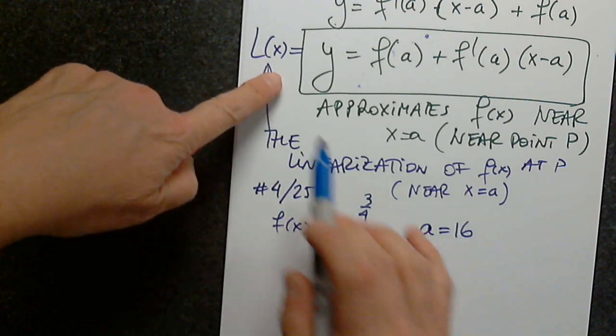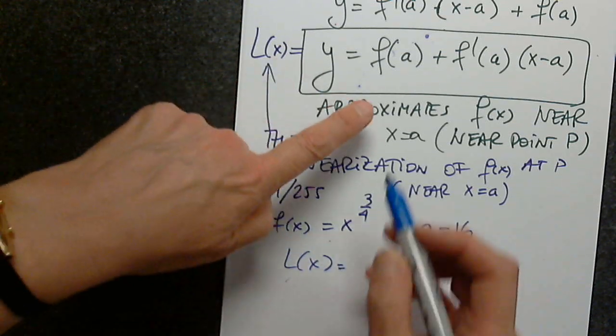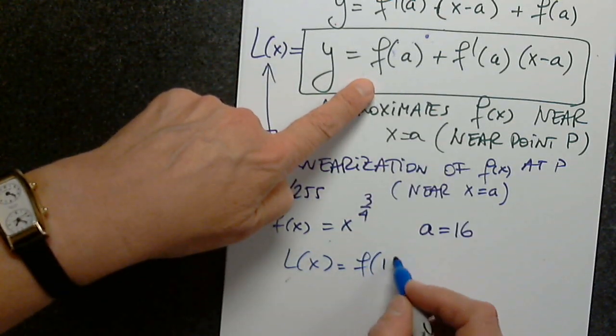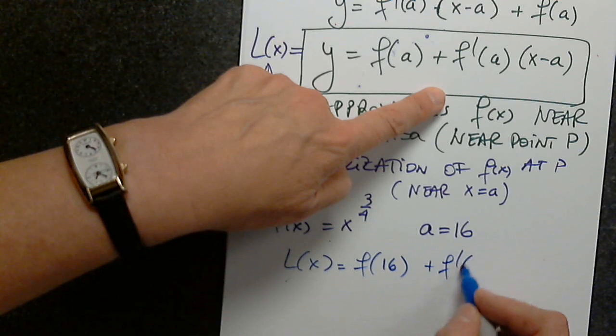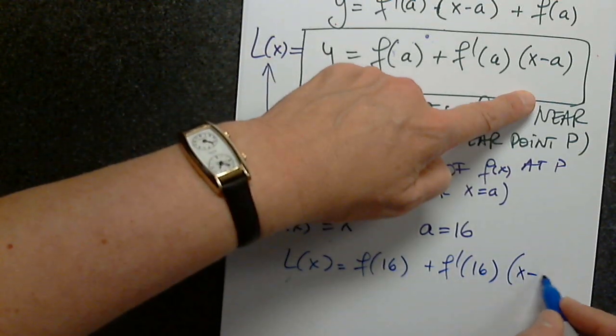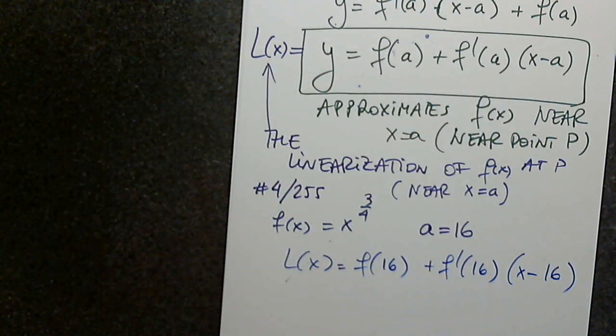All I have to do is write L of x equals f of 16 plus f prime of 16 times x minus 16. That will give us the equation of the tangent line at that point, which allows us to estimate the function.